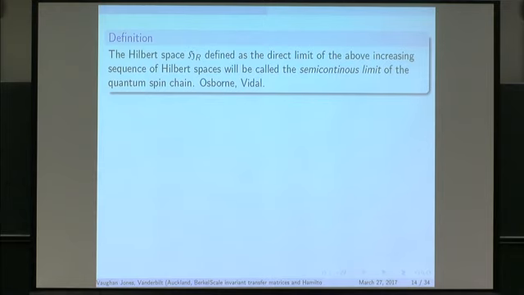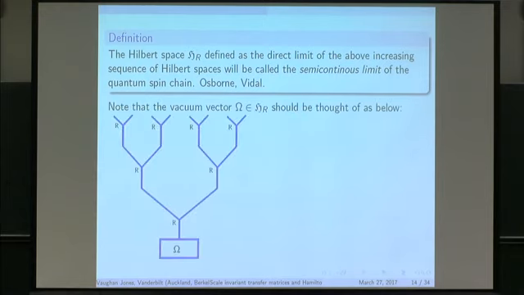Okay, so here's this picture of the vacuum, which is important to have in your mind. Here's our vacuum vector in the very lowest of these Hilbert spaces, which is just this H. And then once we put two legs above it, we've got H in the next one, and so on. Each time we double it, we get H, and it's the same vector, because we're identifying them according to this identification.